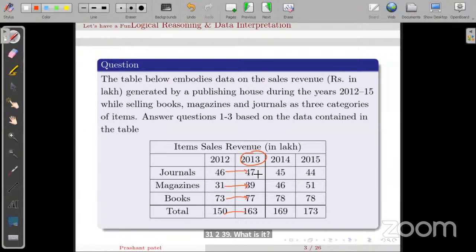Okay, and then from 2013 to 14 you can see that here it decreases, here it is an increase, here it is an increase. So in this also there are 2 items where it is increasing. Here in all the items it is increased, and from 2014 to here it is decreased, here it is increased, and here it is equal.